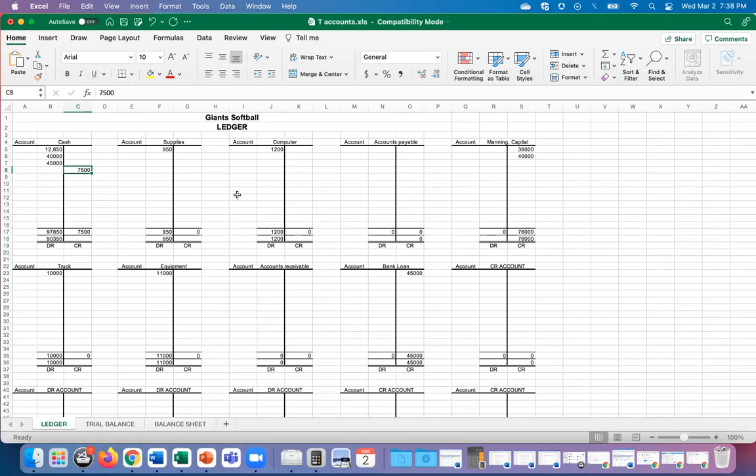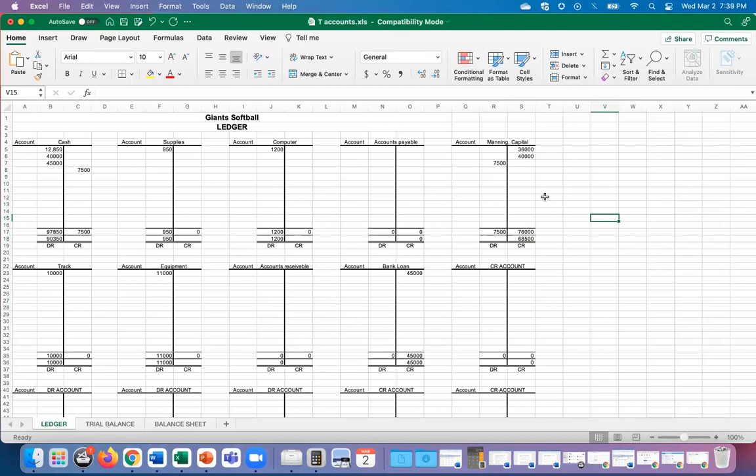So when money leaves our business, we have to take it also away from our total capital. So far, we've only added to the capital. But in this instance, we've got that 7,500 leaving the business to pay for rent. So we are going to debit that. It'll be the opposite side. So again, we'll put in 7,500. And that does a little calculation for you. So you can see that our capital balance has gone down by $7,500.